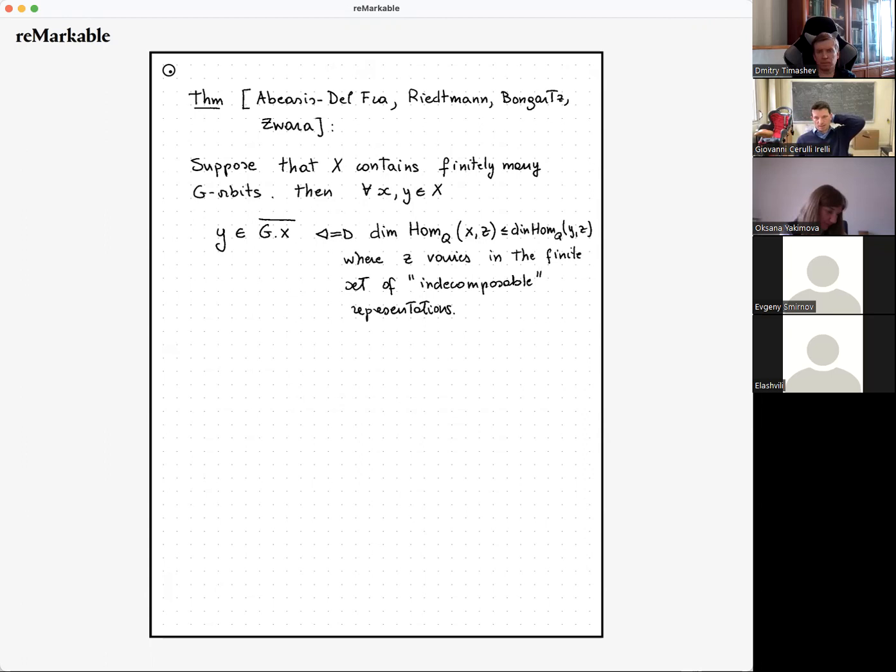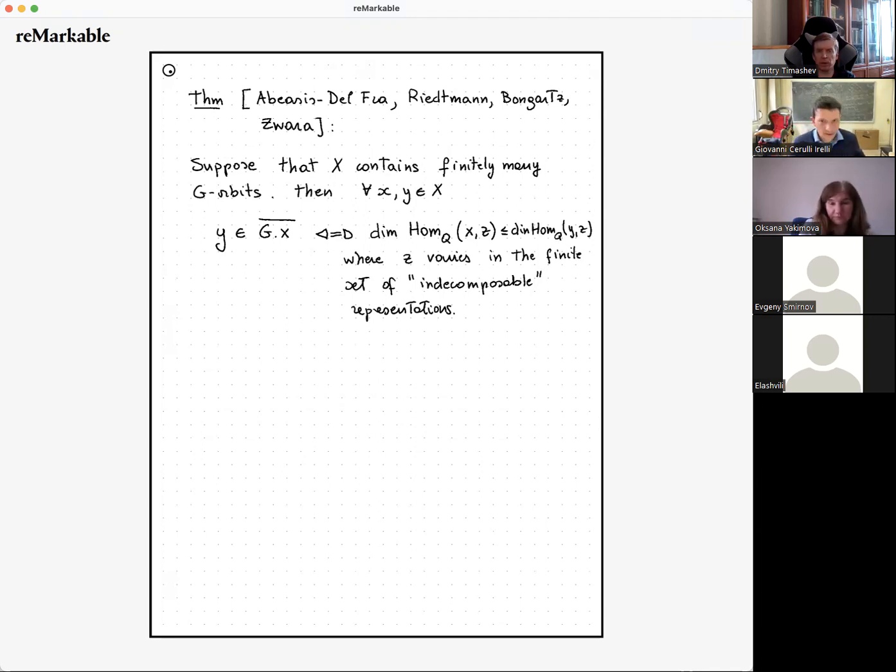So every representation is a direct sum of some indecomposable objects. And then suppose that there are only finitely many of such basic objects, these indecomposables. Then looking just at the Hom space between X and every such object gives you a criterion for the degeneration. So it gives a description of the orbit closures.